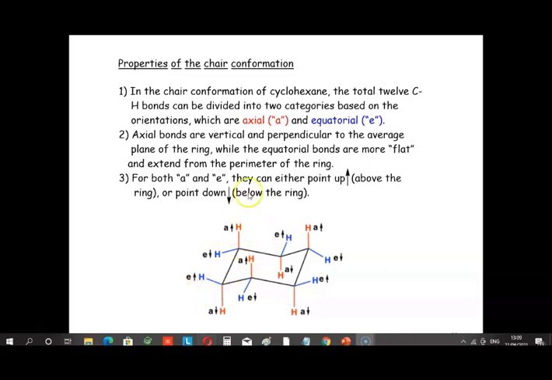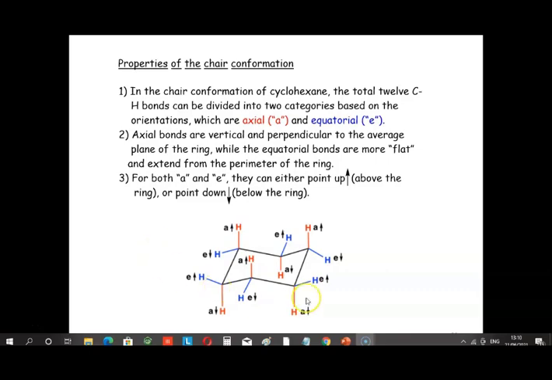Now, when we sum up all the axial and all the equatorial hydrogens, we come to the conclusion that there are a total of 6 axial hydrogens and 6 equatorial hydrogen atoms.